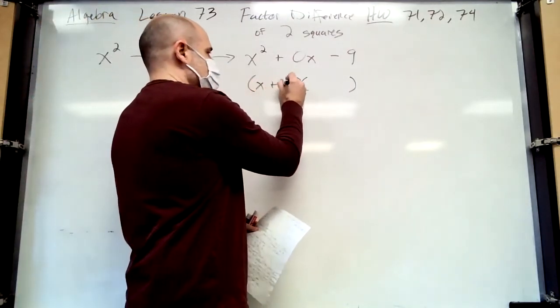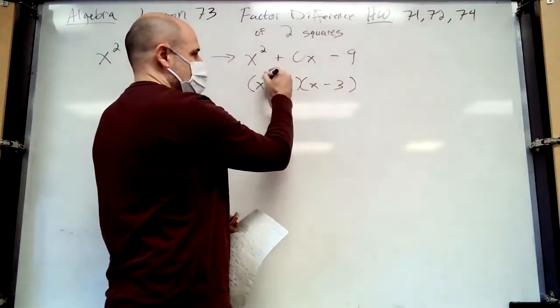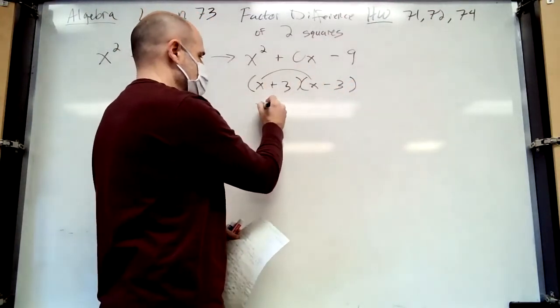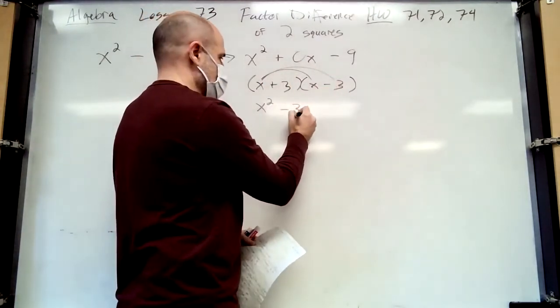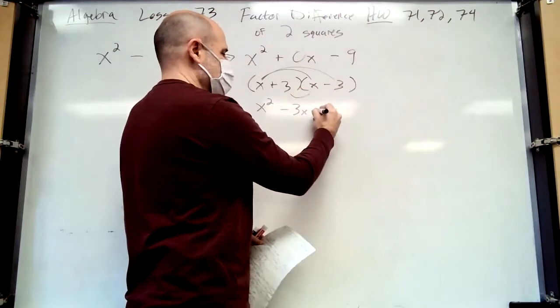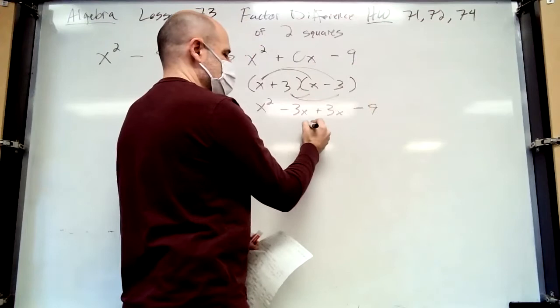Okay, now this is cool. When you factor this out, look what happens. You get x squared, -3x, positive 3x, and -9 in this step.